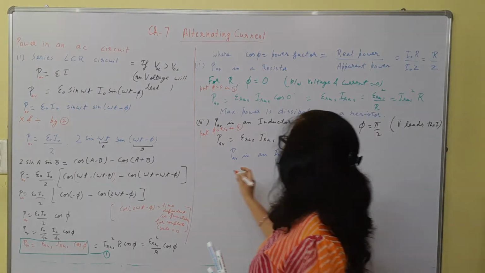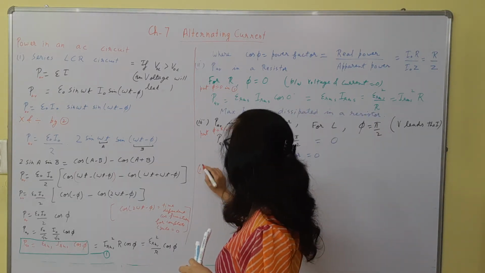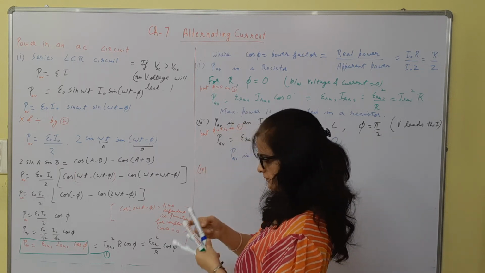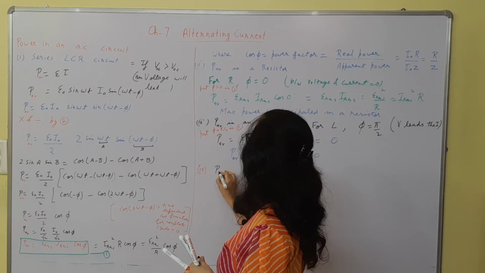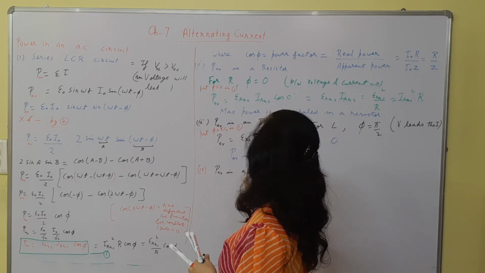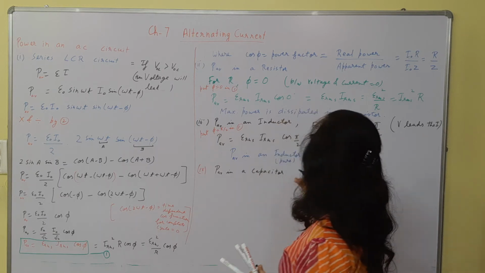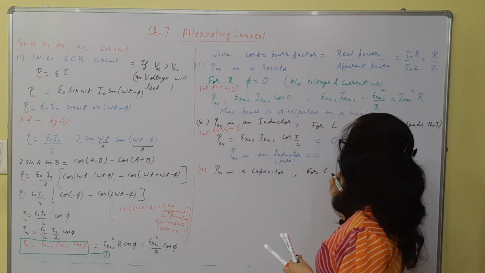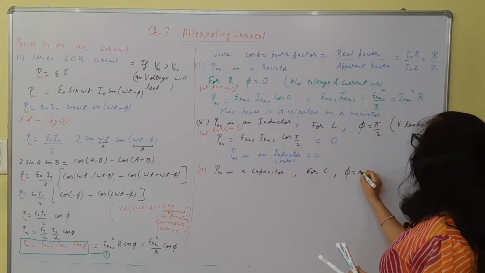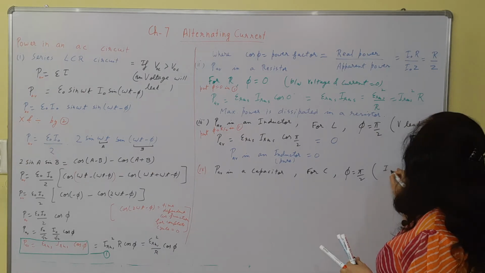Okay. So fourth is the power in a capacitor when AC is applied to it. For a capacitor, phi is equal to pi by 2, but here the current leads the voltage.